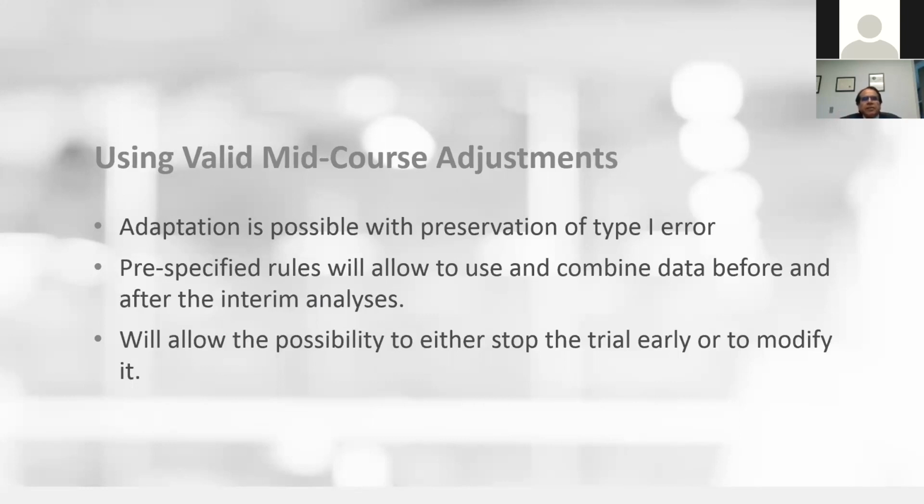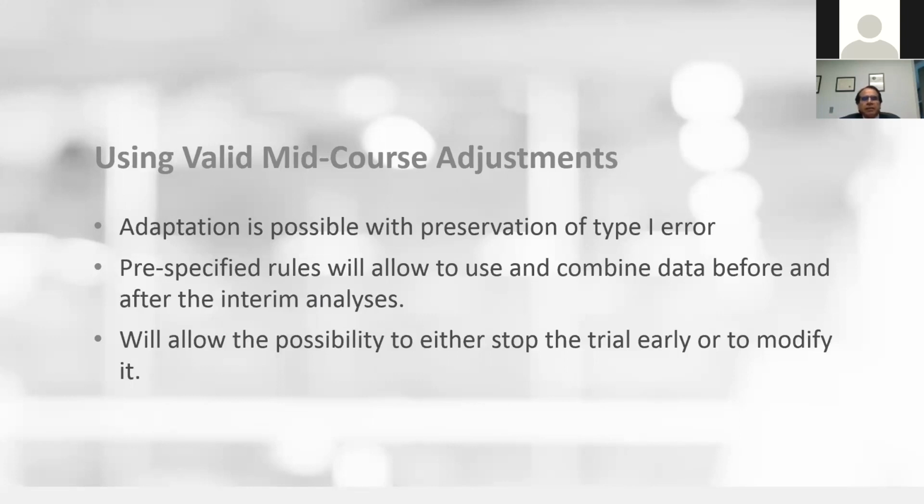The answer is, it's possible to do an adaptive trial design and still preserve the type 1 error. But again, you need to have it in advance, pre-specify the rules, have a discussion with the regulatory agency, and specify it in your protocol in advance.